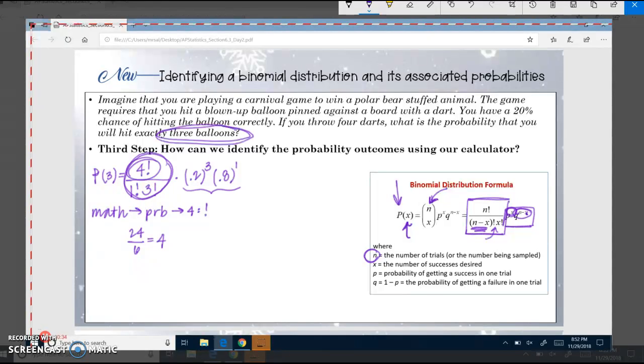And then I need to multiply by 0.2 cubed times 0.8 to the first power. So I'm going to multiply 4 by 0.2 cubed times 0.8 to the first power. And I get 0.0256, which is what we found in step 2, but that went by way faster.